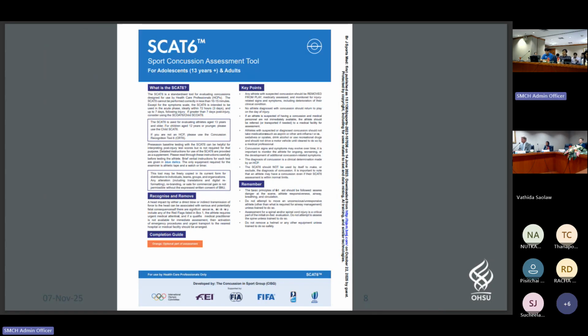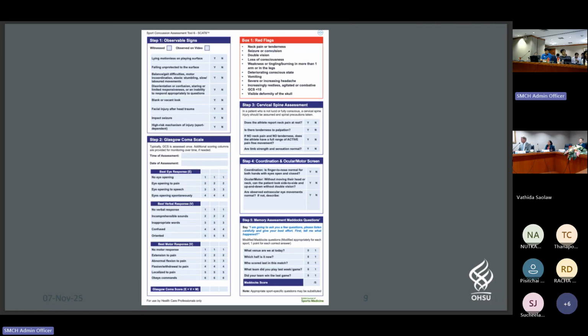I have a reference there that you can look up and read about. It helps guide the evaluation on the sidelines and then in the clinic. The sideline evaluation goes through some cognitive and neurologic testing, basically going through various types of assessment, including the Glasgow Coma Scale.